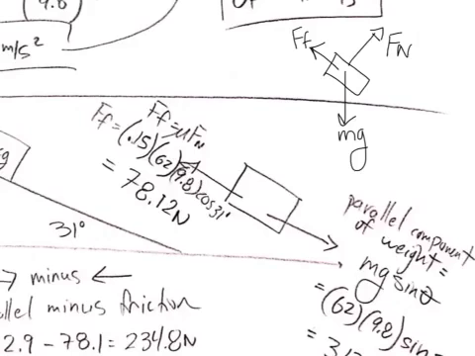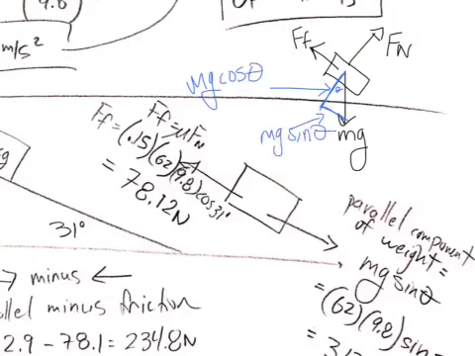To solve, we would then break the weight down into perpendicular and parallel components. We would know that these cancel, which is why I haven't included them in the calculating part. We know that this is the angle theta, and perpendicular component is mg cos theta, and the parallel component is mg sine theta.